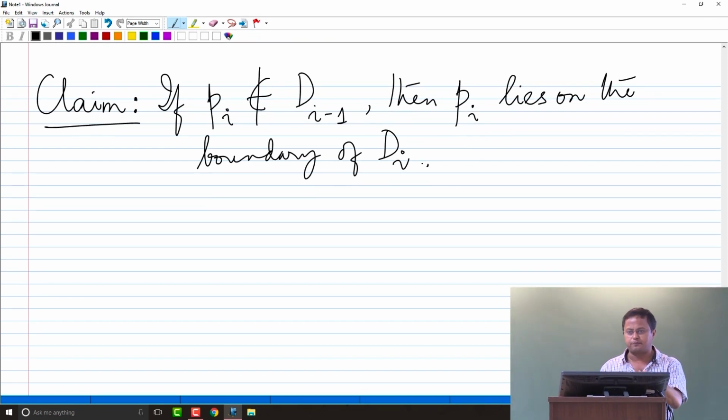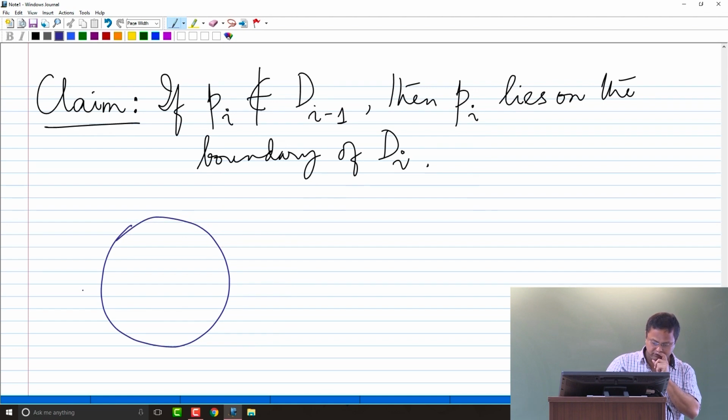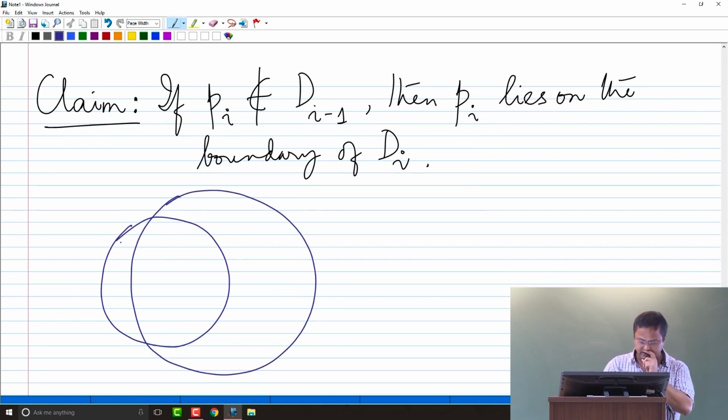So, we will make a geometric proof of this, fine. Now, for that first observe the following: if you have two disks that intersect, say one with a radius of r1, the other with a radius of r2, and your r2 is greater than r1.